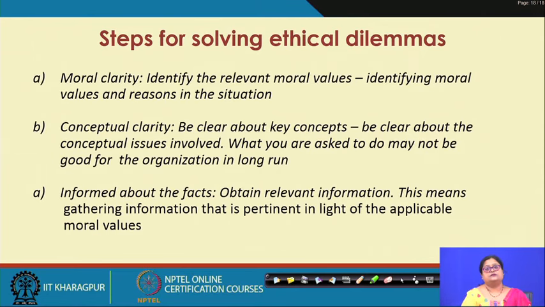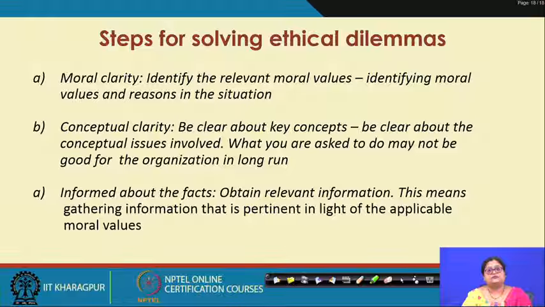And the steps to solving the ethical dilemma are these. We should have moral clarity, identifying the relevant moral values and reasons in the situation.